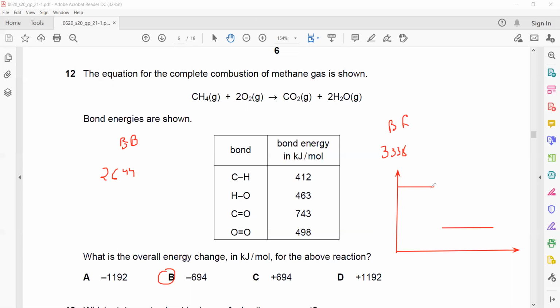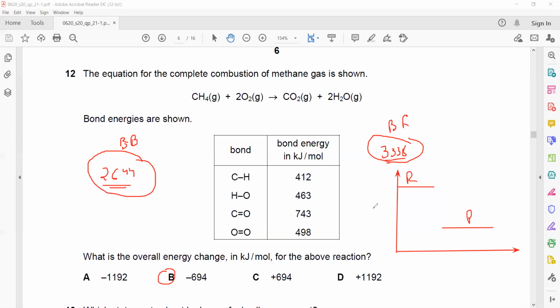So when you make an energy profile diagram for an exothermic reaction, the reactant has more energy and the product has less. But when you check these values, it appears that bond breaking is less and bond forming is more, because bond energy is totally different from the energy of the particles. So don't confuse bond breaking and bond forming with the energy diagram.